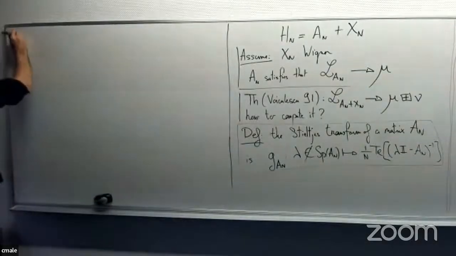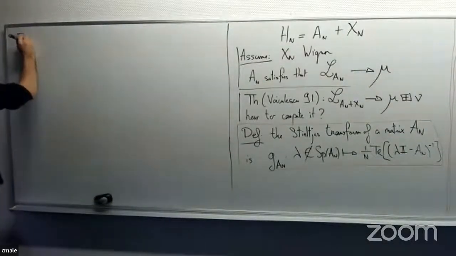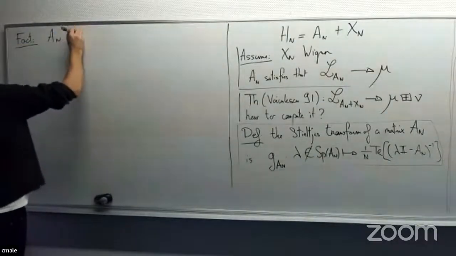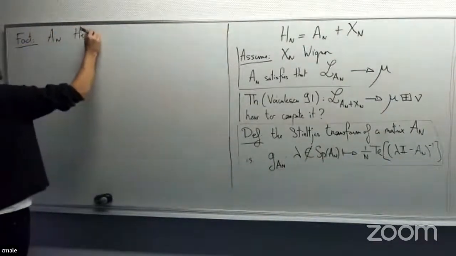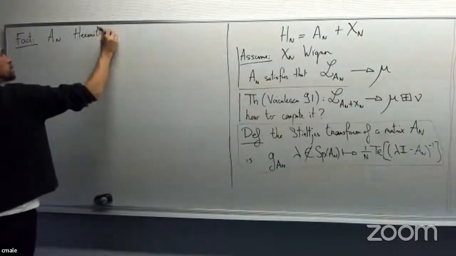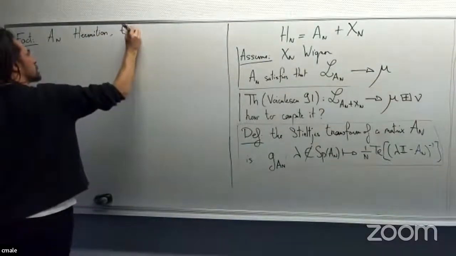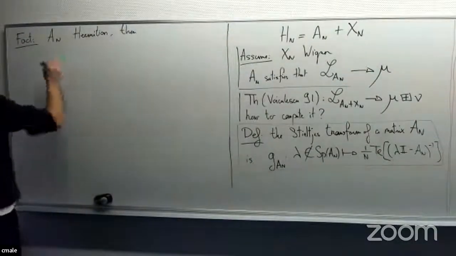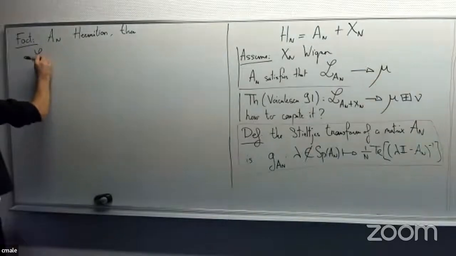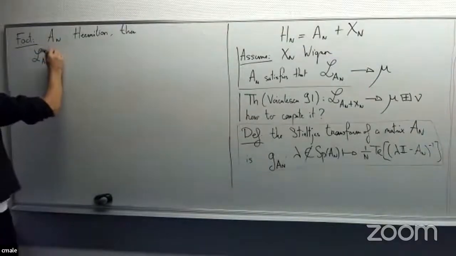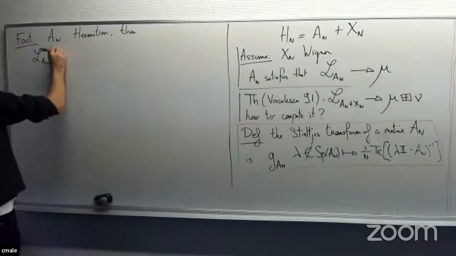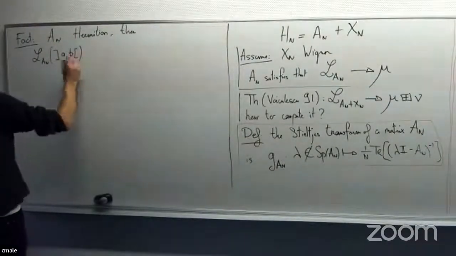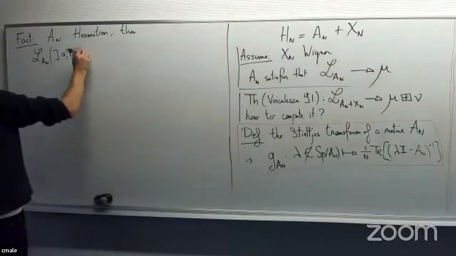So we have this fact. If A_N is Hermitian, then if you look at the empirical eigenvalue distribution of A_N and want to compute it on an open interval of the form (a, b), you have a formula.